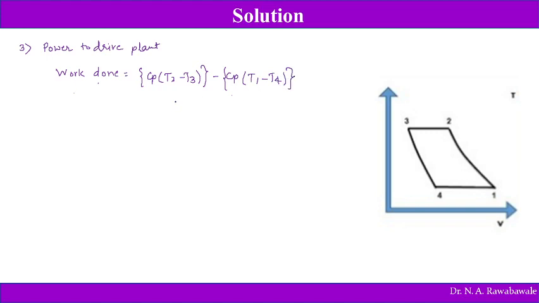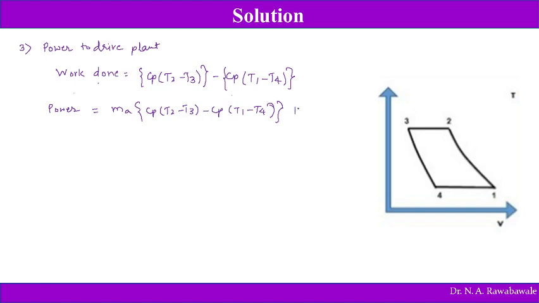Now to find the power, we multiply it by the mass flow rate of air. So power is nothing but MA into Cp (T2 minus T3) minus Cp (T1 minus T4). This gives us power in kilojoules per hour.